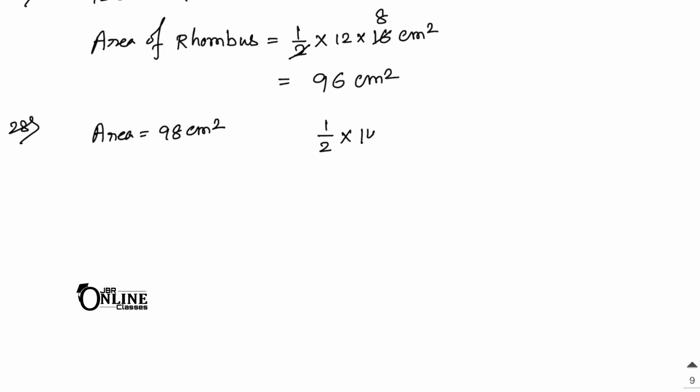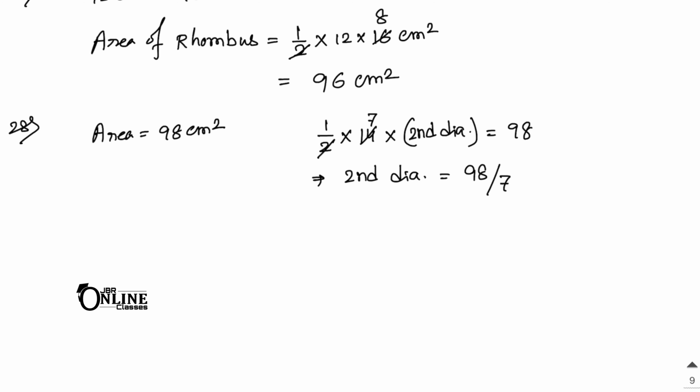So here the first diagonal is 14 and the second one, suppose write down as second diagonal. So that one equals 98. So it's 7. So second diagonal equals 98 by 7, and that equals 14. So second diagonal equals 14.